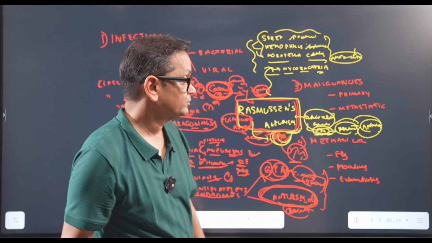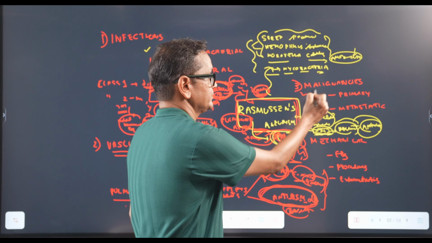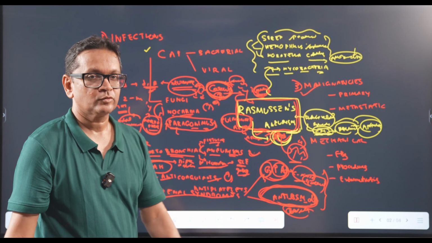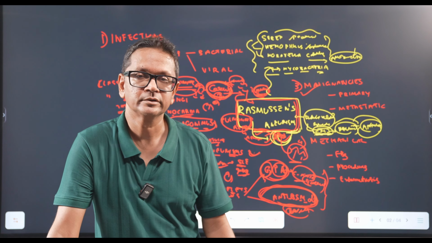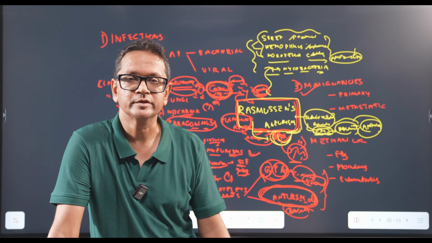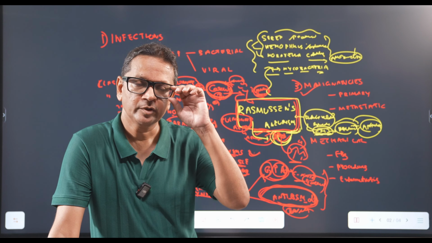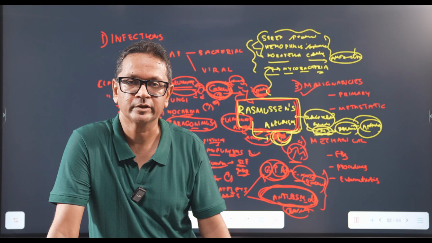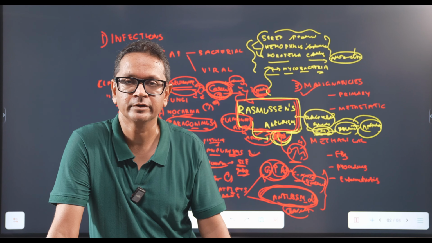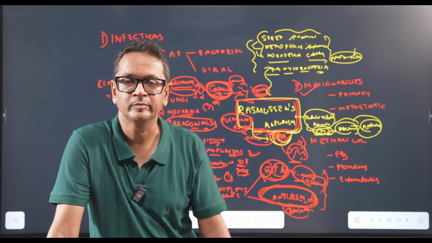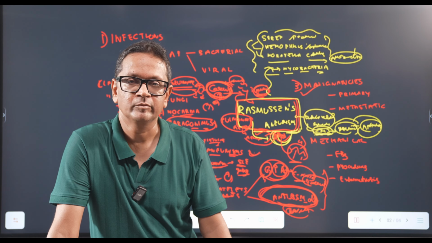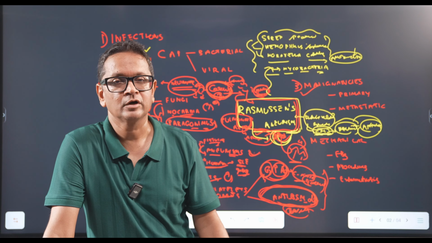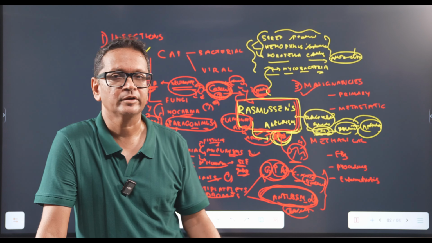Okay, let's proceed to the next etiology, that is malignancies. In olden days, if you see Telugu movies or even Hindi movies, most of the people used to die of hemoptysis, lying in the bed, telling their kith and kin, and if it is the heroine, she is asking her husband to marry again so that he will be happy forever. These kinds of emotional dramas we used to see. They used to cough up a lot of blood, massive hemoptysis.